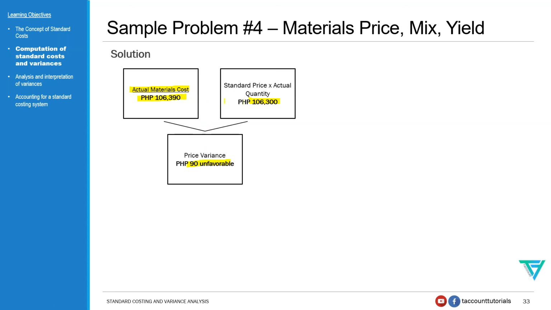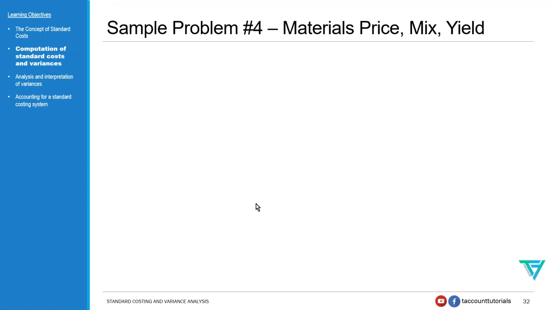Unfavorable because we spent more than what we expected at standard prices. Now we proceed to analyze further by multiplying ASIC times total actual input this time. So 4.3 from our slide earlier multiplied by the input of 24,600. Where did we get 24,600?